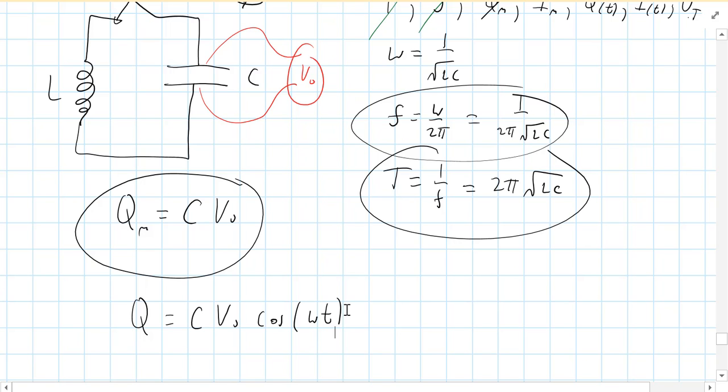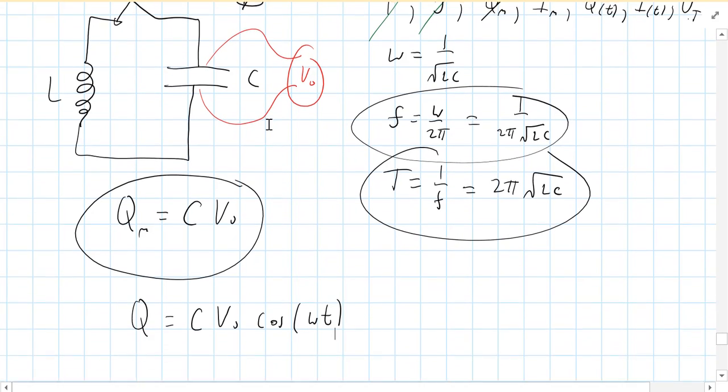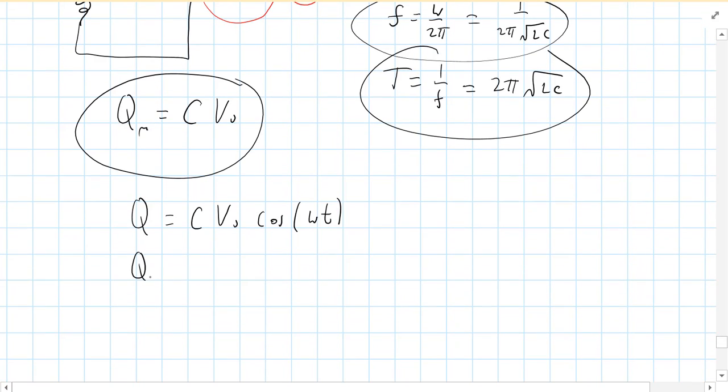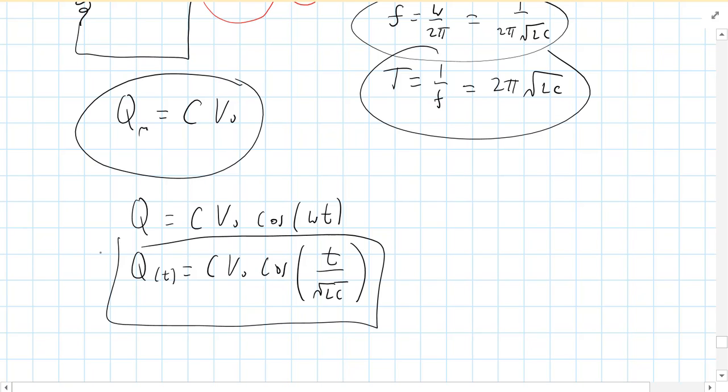However, I can't use omega, that wasn't one of my three givens. But I do know that omega is 1 over root LC. So I can rewrite this as charge as a function of time is CV naught cosine of t over root LC. So that is the charge as a function of time.